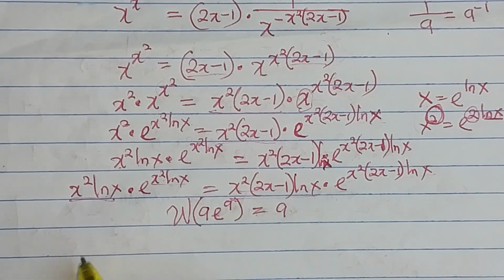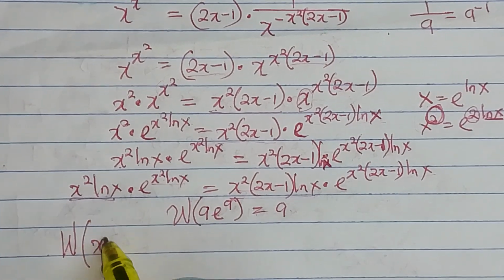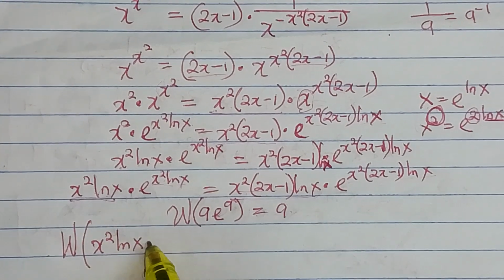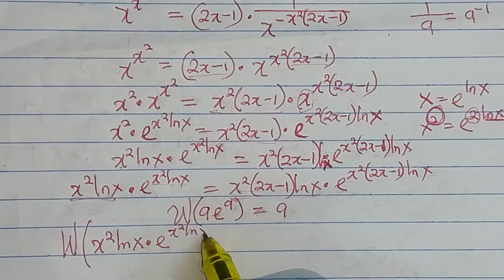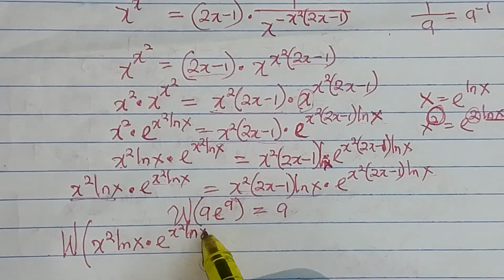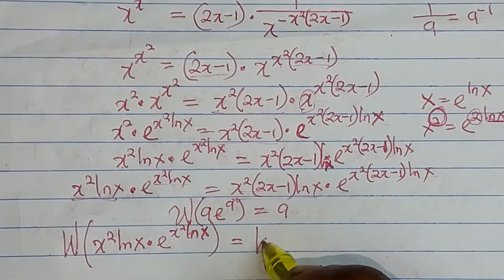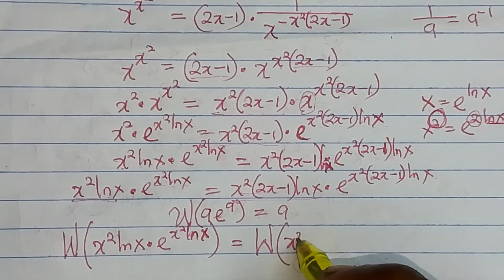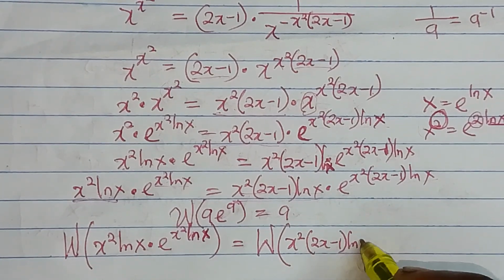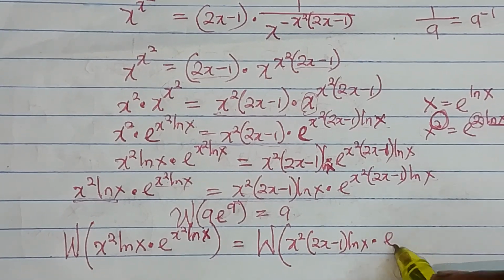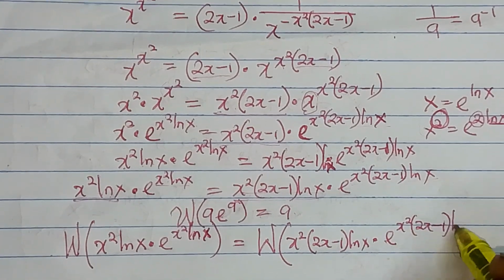So if we apply that here, finding the Lambert W function of both sides, we have x squared ln x multiplied by e to the power of x squared ln x for the left hand side, and on the right hand side we have the Lambert W function of x squared multiplied by 2x minus 1 ln x multiplied by e to the power of x squared multiplied by 2x minus 1 ln x.